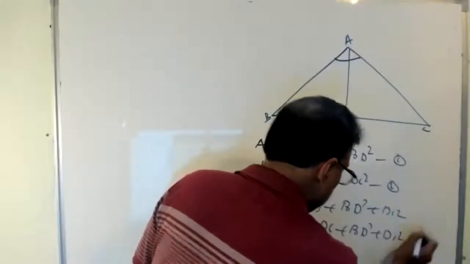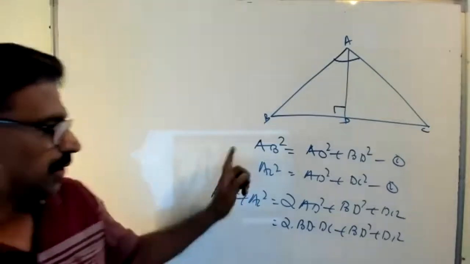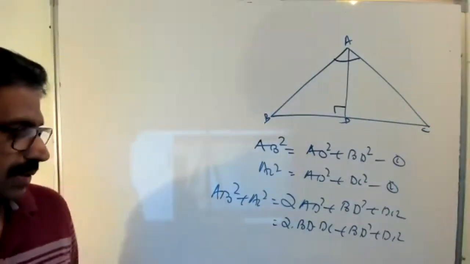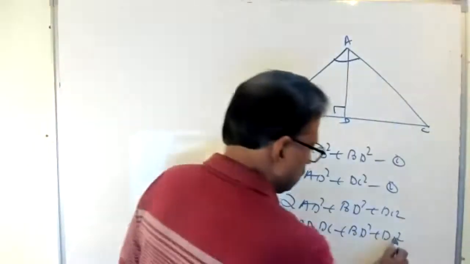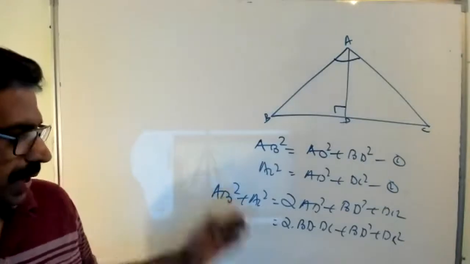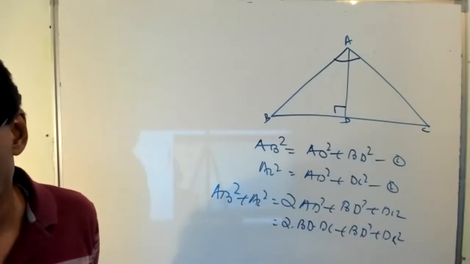2BD into DC plus BD square plus DC square. What is this?